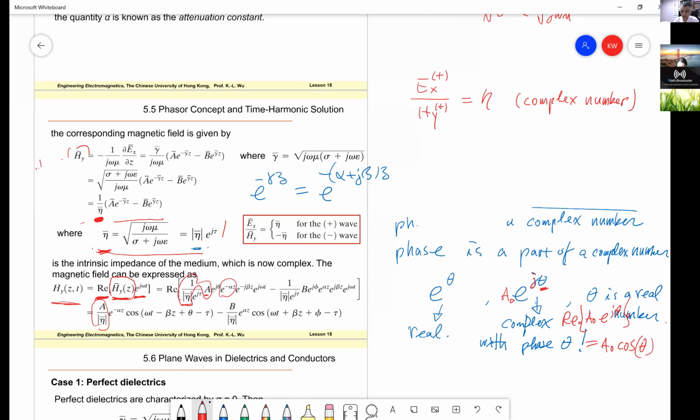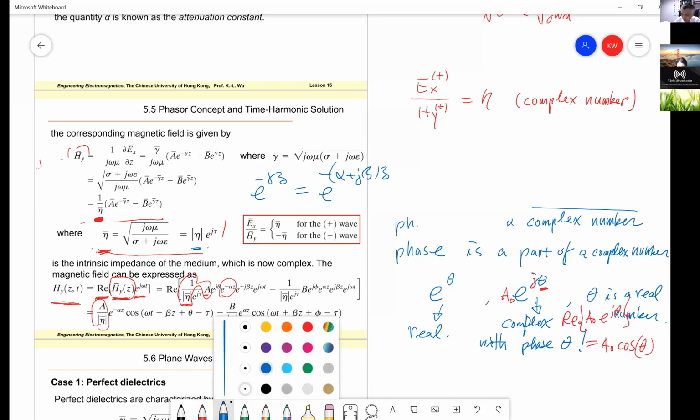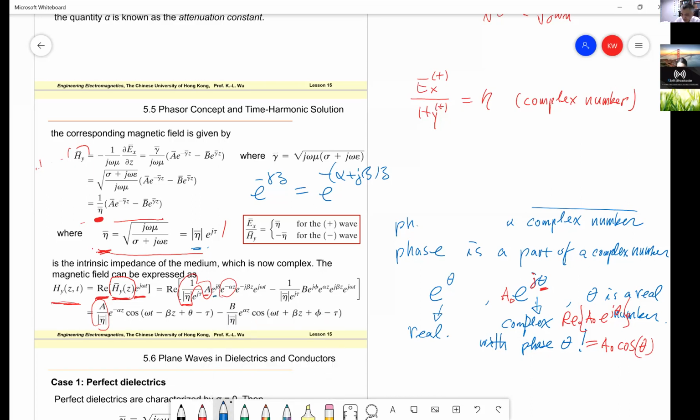The rest of the three terms each have a phase. Let me write it here: we have j theta, minus j beta z, and j omega t.